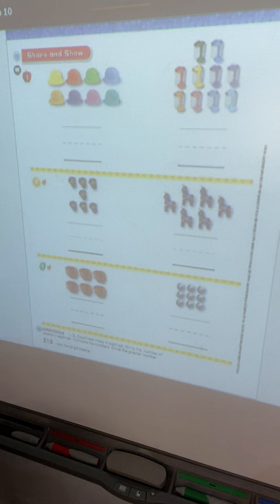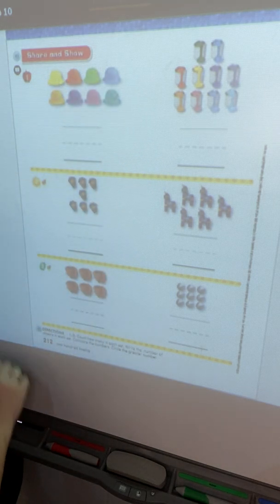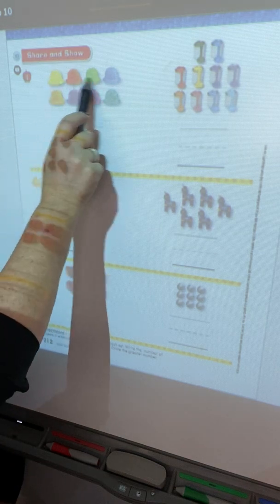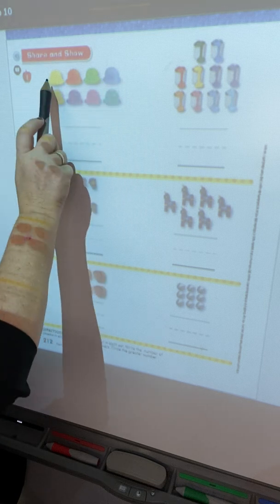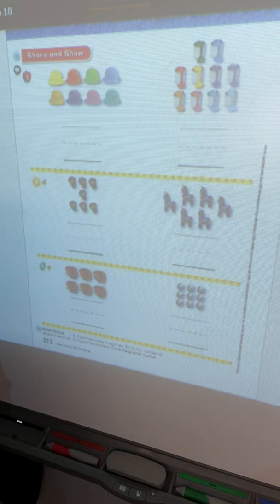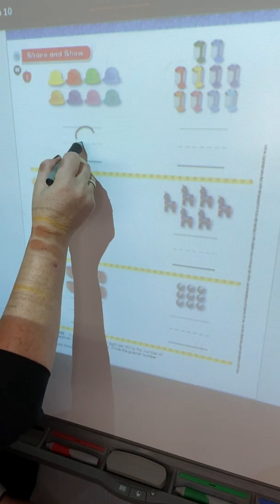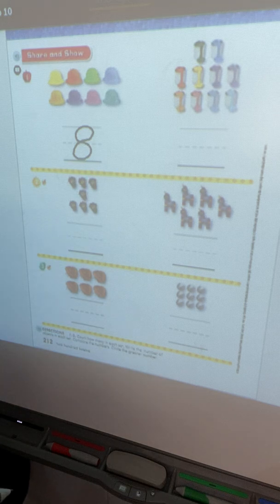Let's go ahead and go on to page 212. Go ahead and count these hats. We could count by 2s or we could count by 1s. 2, 4, 6, 8, or 1, 2, 3, 4, 5, 6, 7, 8. These are in lines, so these are easier to count. So an 8, remember we make an S first and then cross the tracks.